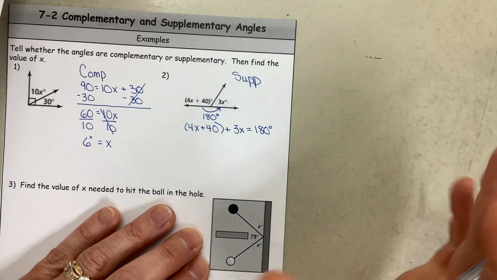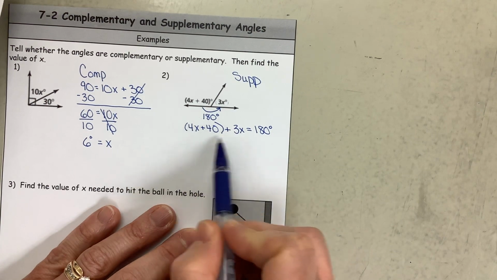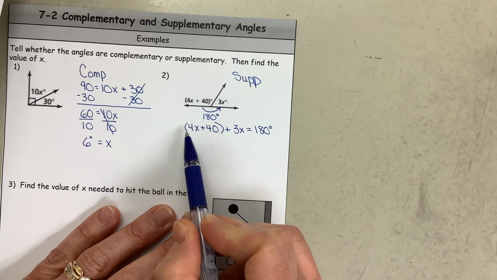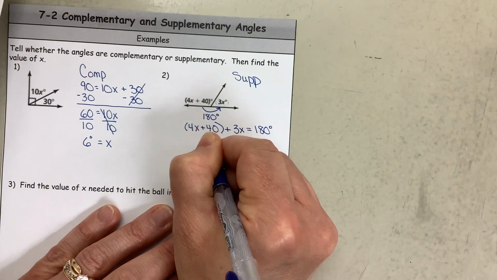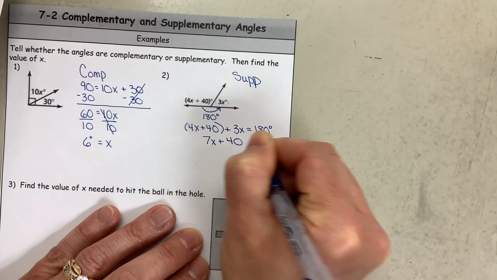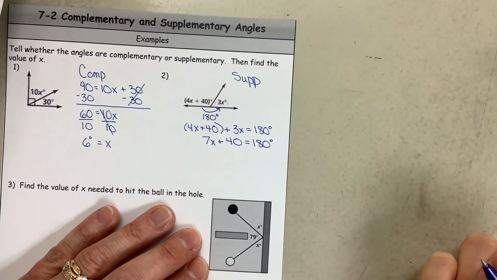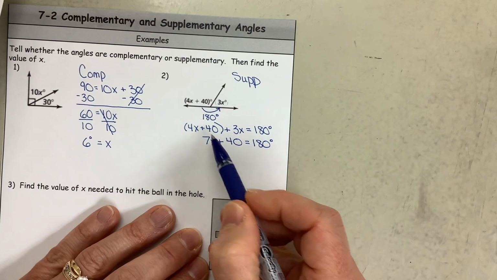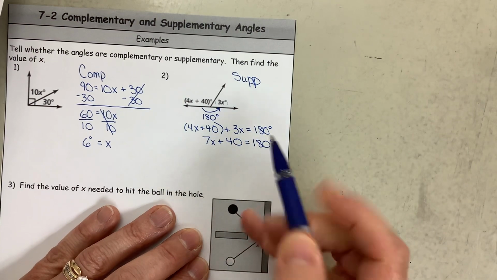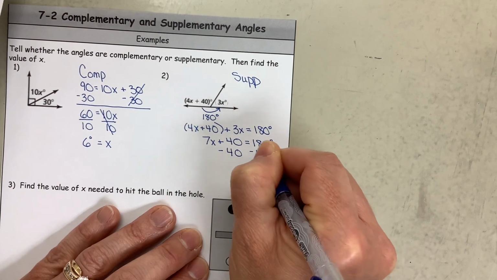Now, from solving equations that we've done previously, we're going to put these two like terms together. So 4x plus 3x is 7x, plus the 40, and it equals 180 degrees. Now, we're going to solve for the x, so let's get rid of the 40 first. So we're going to do the inverse, which is subtract from both sides.